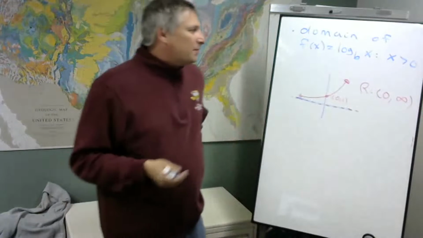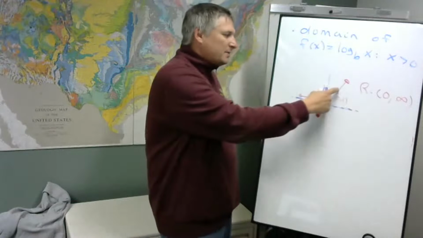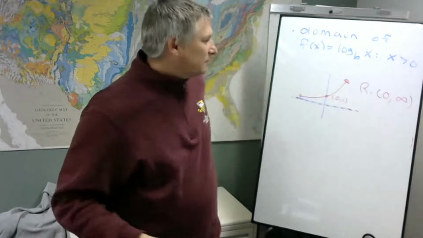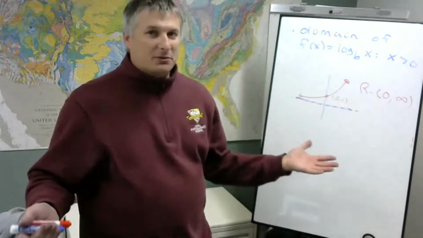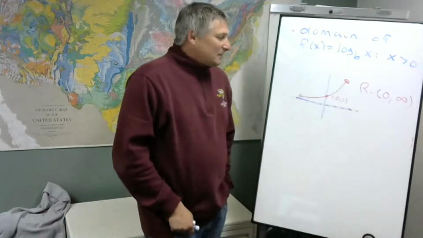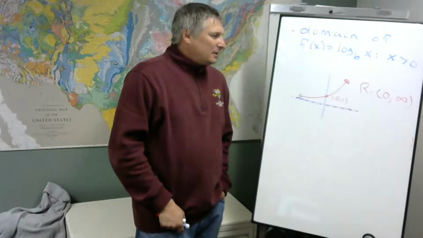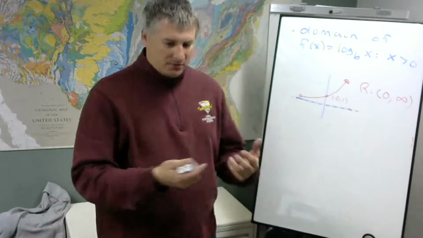So what happens with the logarithm, and again, I'm assuming that the base here is greater than 1. So I'm using the example where the base is greater than 1. So the range and domain switch.